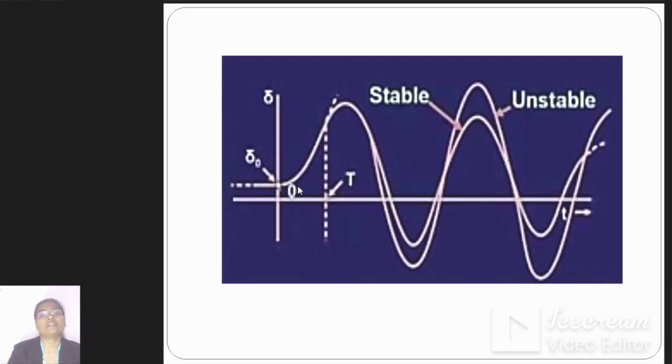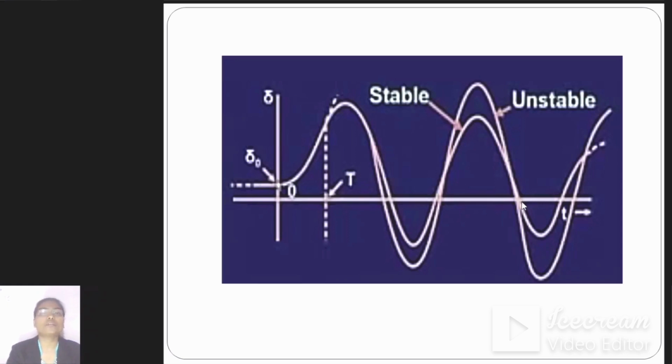When the oscillations are building up, your damping coefficient is negative, and finally it will lead to a runaway condition and the machine will start falling out of synchronism. But if the damping coefficient is positive, then the system will become stable at some operating point, making these oscillations die out and moving the system towards stability.